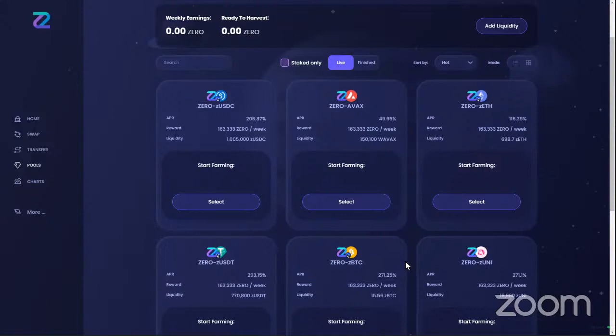It's tricky when you go from the experience you have on a centralized exchange, where there's an order book and you get to see orders that are bought and sold and you get to see the spread, to the decentralized exchange experience where you're utilizing an automated market maker. There's no order book.